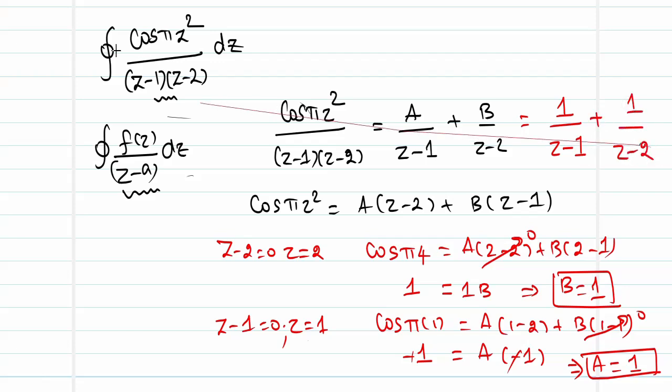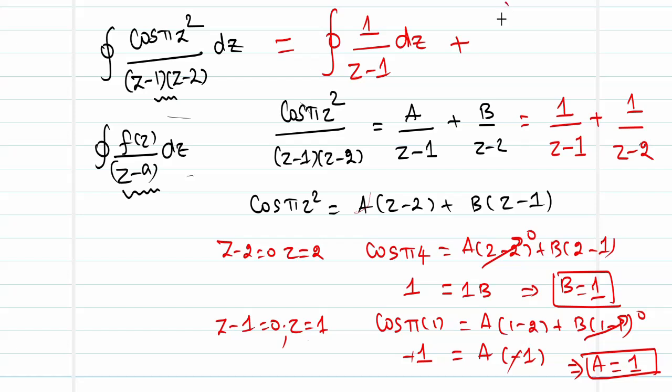Hence the integral of cos(πz²) by (z − 1)(z − 2) is the same as, how can I rewrite this problem now? The integral of 1 divided by (z − 1) dz plus the second integral of 1 divided by (z − 2) dz.